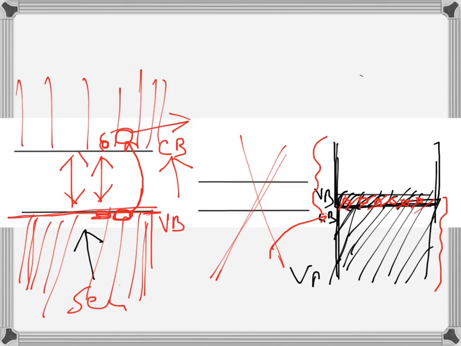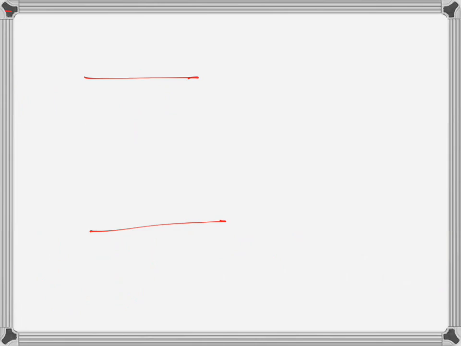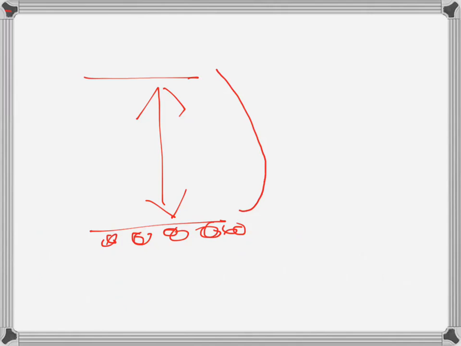For silicon and germanium there is a gap of about 1.1 electron volt, whatever, I will talk about that later. But for an insulator the gap is so high that there is no normal way for valence electrons to go into the conduction band and provide enough electrons for conduction.